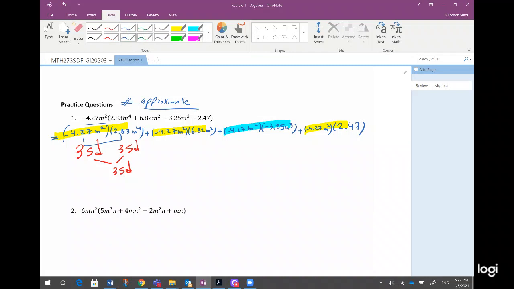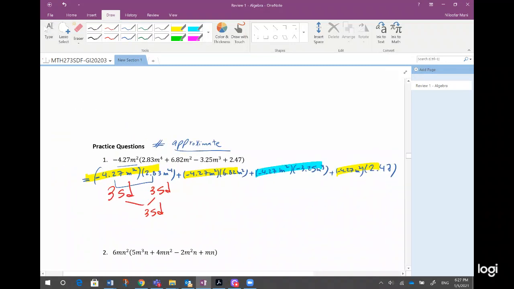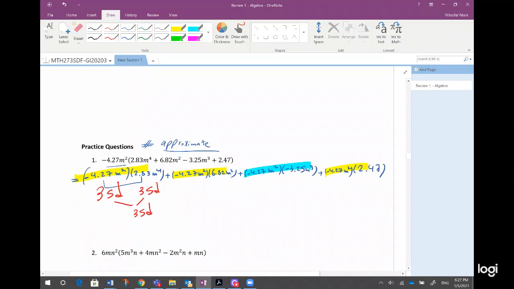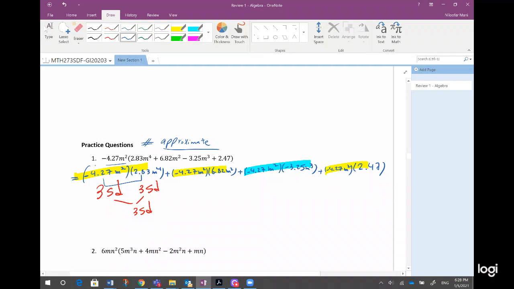First I write the answer: 4.27 times 2.83, the first one is 12.08, and I do negative here.